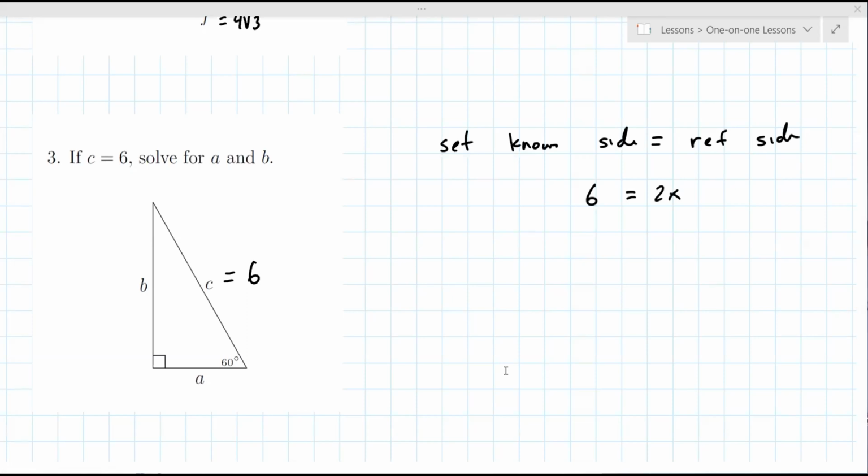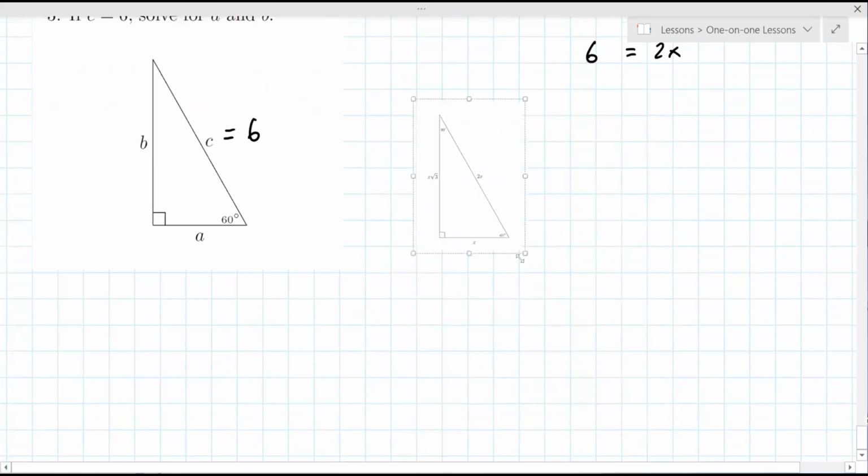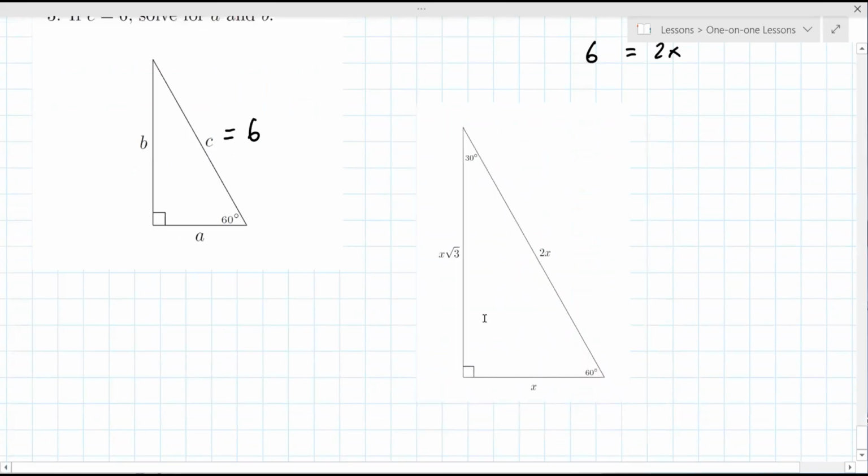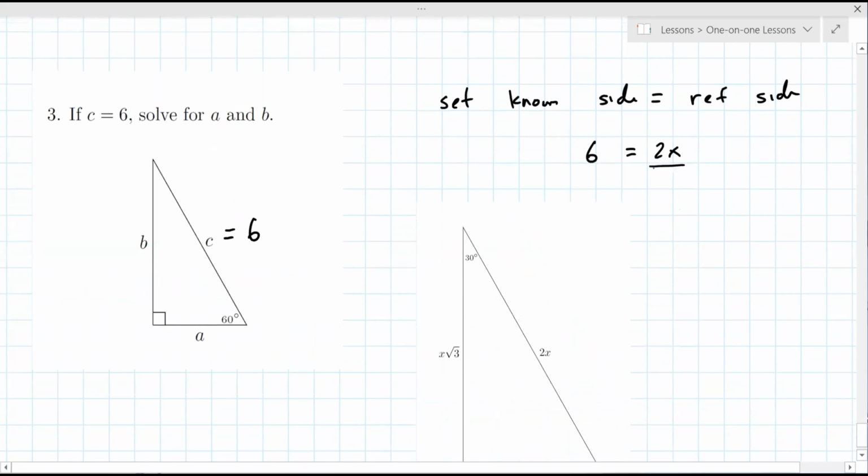Maybe that's not viewable. See how the hypotenuse is 2x, and that's what you're given as the hypotenuse. So you can immediately solve for x. You divide both sides by 2.